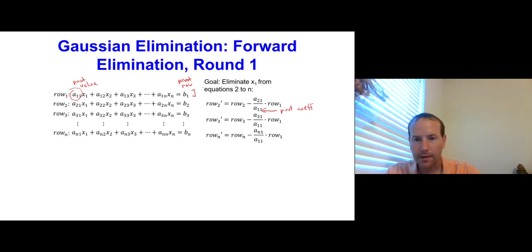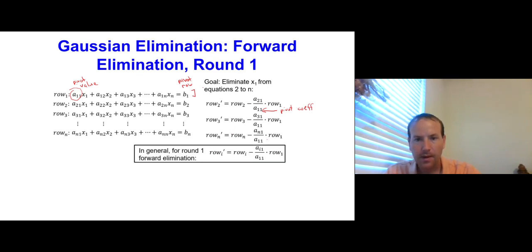And for n, so this could be for any number of rows, you would have this general equation for how you perform the forward elimination in Gaussian elimination on this first round. So to say that generally, the ith row is given by the previous value of that row minus this ratio times row 1, because row 1 is our pivot row.